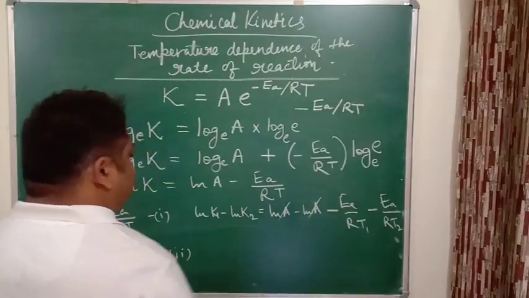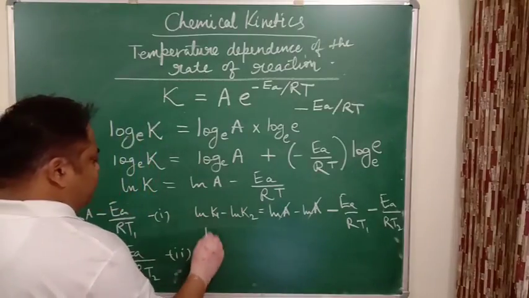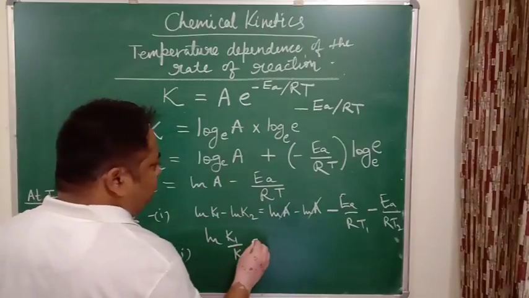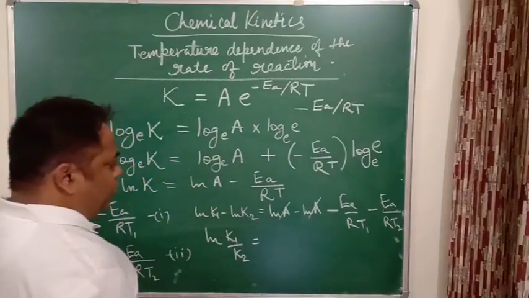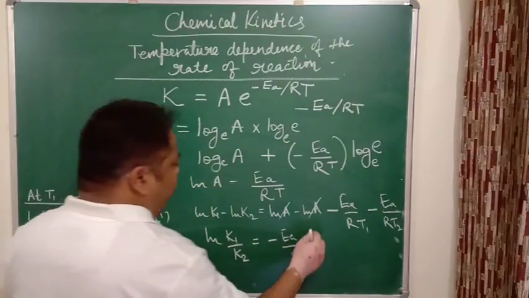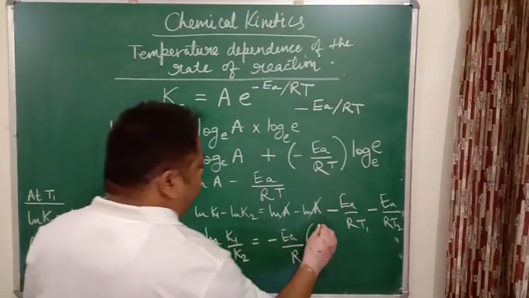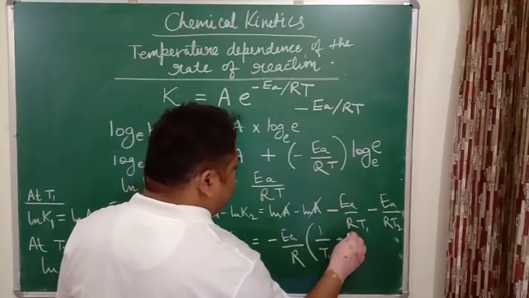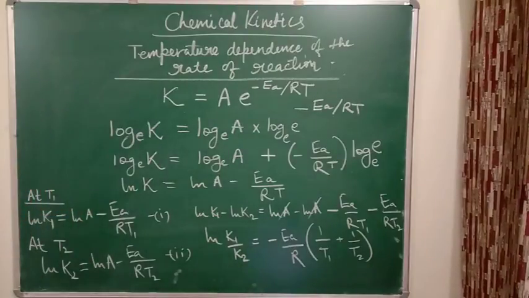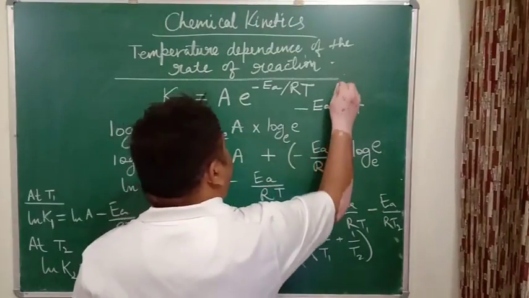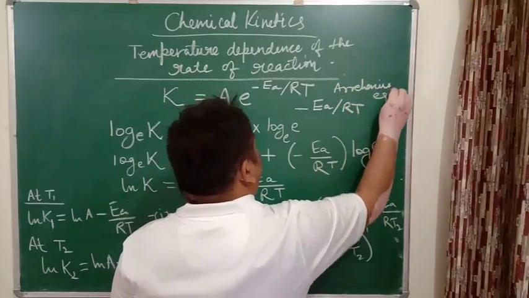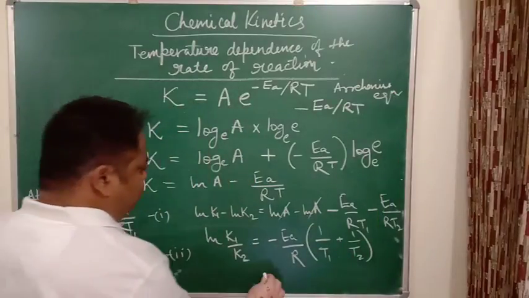So this can be written as ln k1 by k2 equal to minus Ea by R, which we have taken out common, into 1 by T1 minus 1 by T2. This is the second form of the Arrhenius equation. This was the first form of the Arrhenius equation.